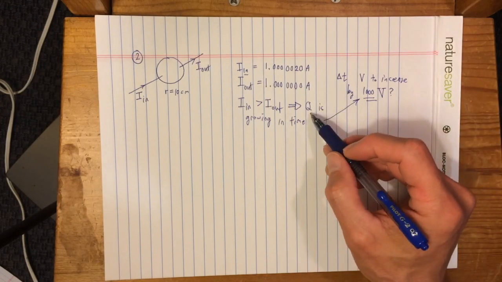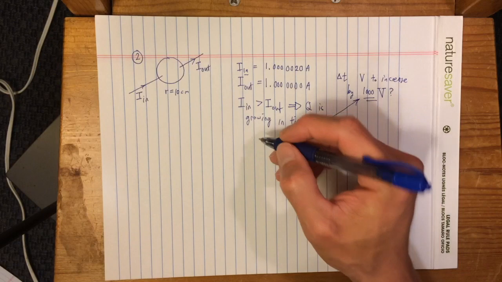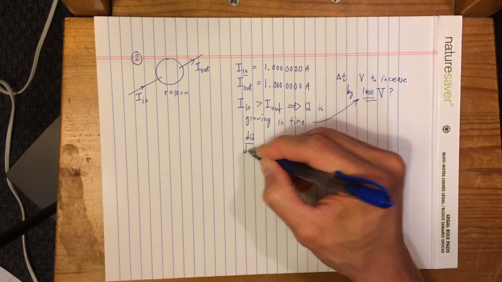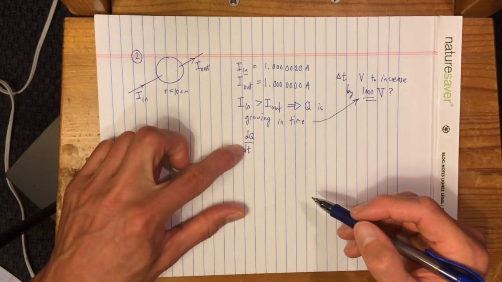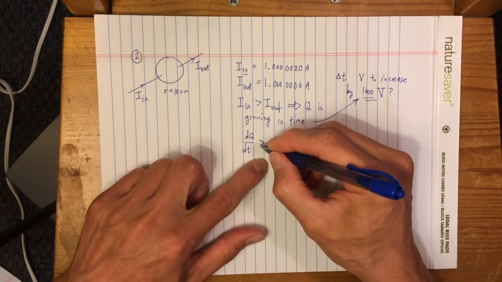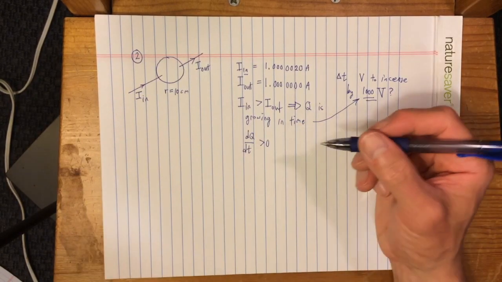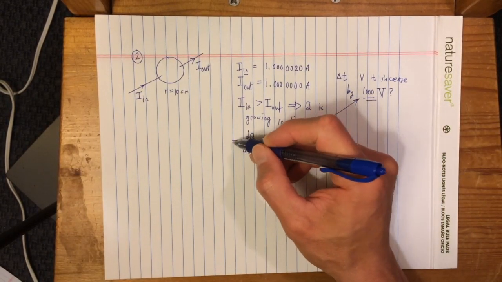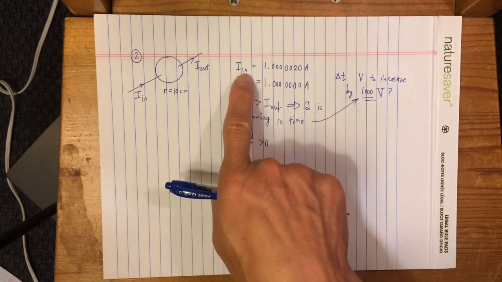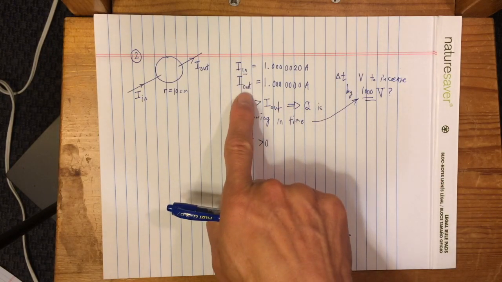This charge growing in time, the rate of change, is definitely bigger than 0, but we can say more than that. It's actually the difference of the inbound charge and the outbound charge.